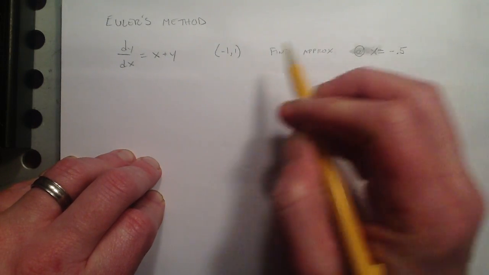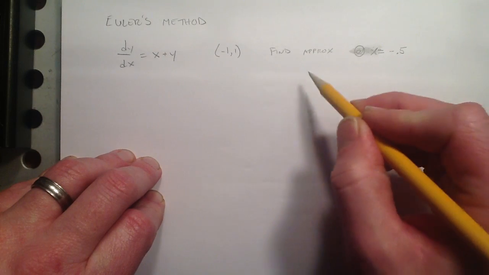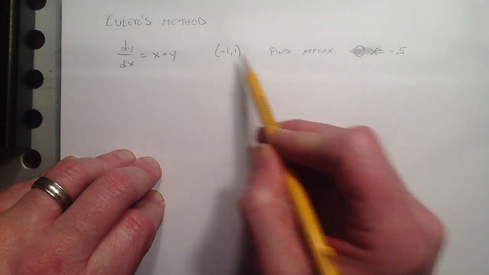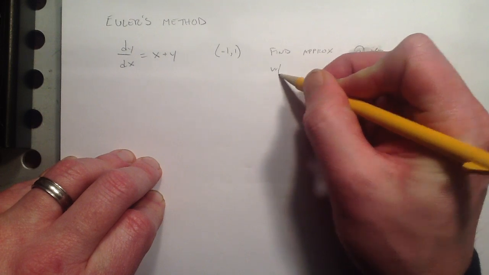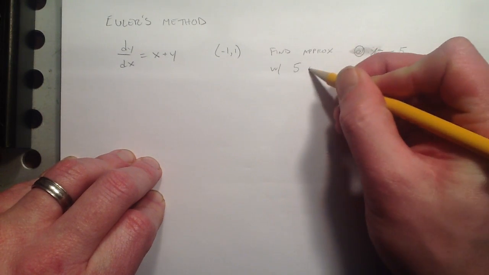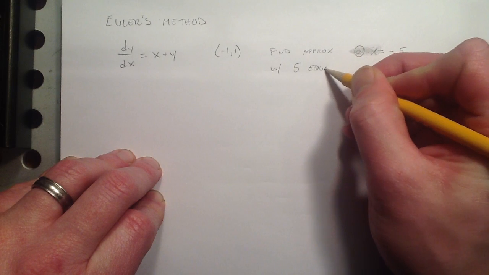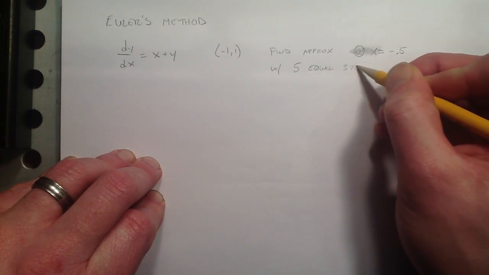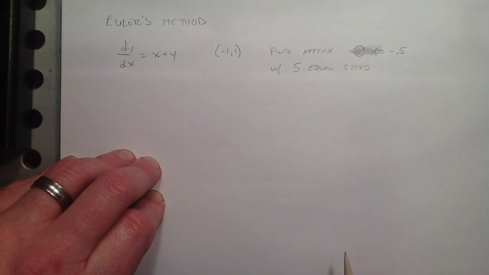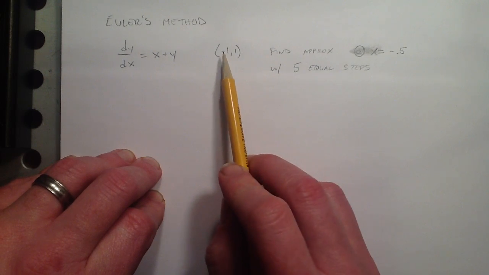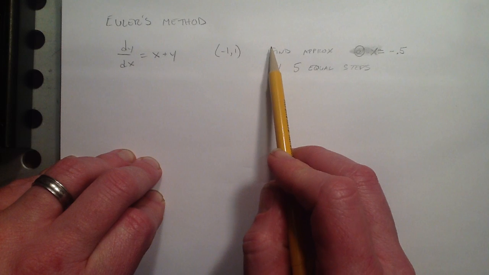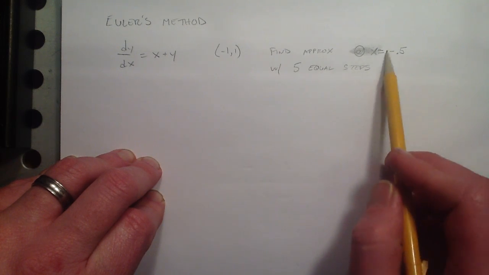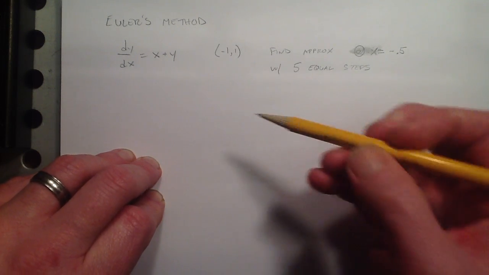And then we have to decide how many steps we're going to take to get from -1 to -0.5. So I'll say with 5 equal steps. So we're going to step from -1 to -0.9 to -0.8 to -0.7 to -0.6, and finally we'll get to -0.5.